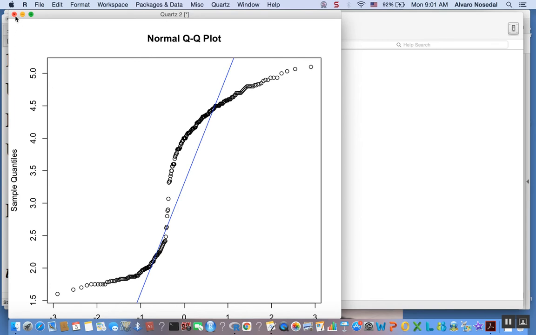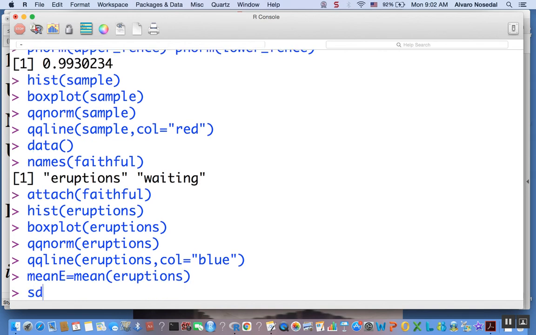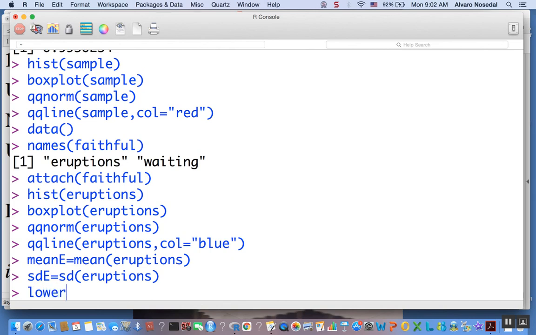And maybe something else that we would like to do is something like seeing if we know that for all normals the 68, 95, 99.7 rule should hold, right, approximately. So what we could do is find the mean of eruptions, the standard deviation of eruptions, a lower limit.